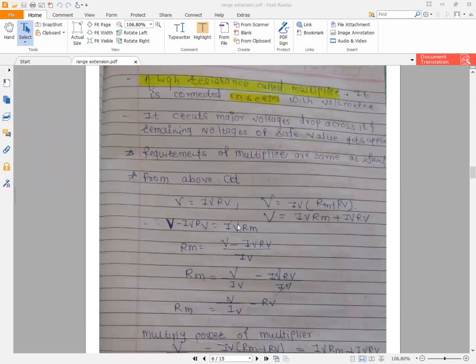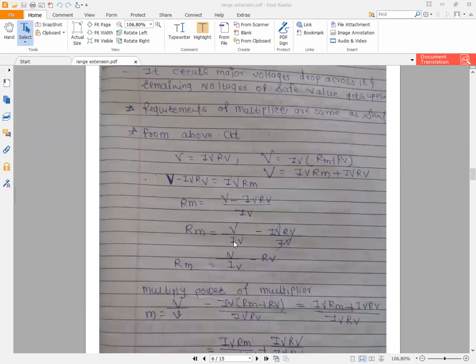Dividing Iv into both terms, Rm equals V upon Iv minus Iv Rv upon Iv. So this Iv and Iv will get cancelled and only Rv remains.